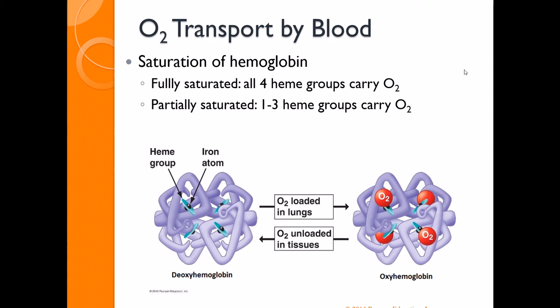It usually is at least partially saturated with at least one heme attached to oxygen. So here's our deoxyhemoglobin. When we pick up oxygen in our lungs, we get oxyhemoglobin, and then when we drop it off at the tissues, we're back to deoxyhemoglobin. Again, it's never quite fully saturated, or fully unsaturated, but we'll still think of it as deoxygenated and oxygenated. It's just easier.